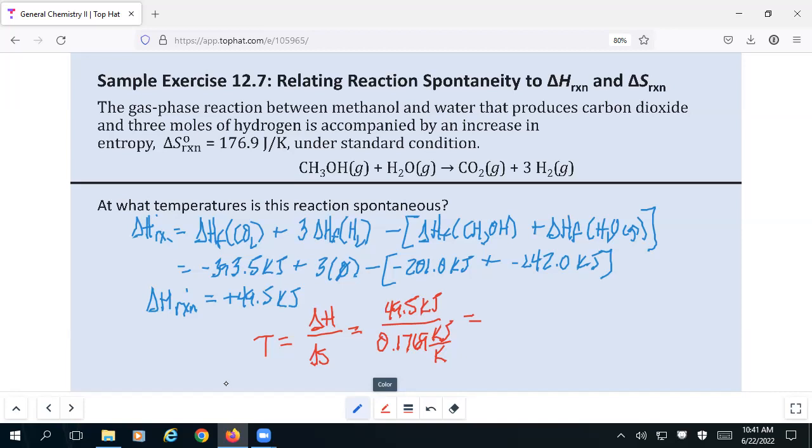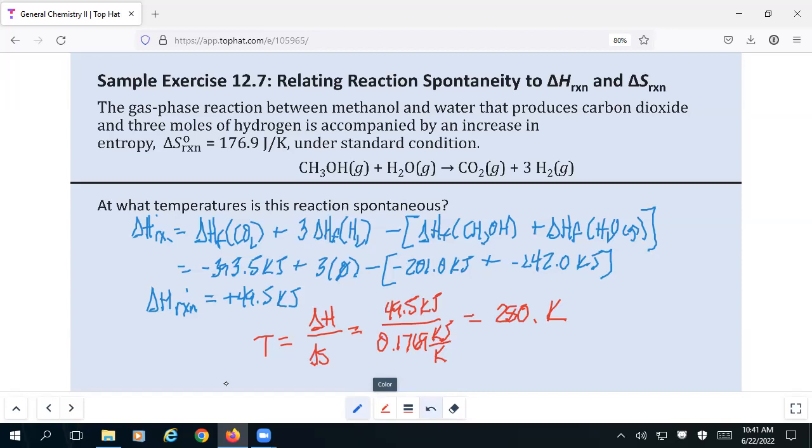To 3 significant figures, this would be 280 Kelvin. So the flipping temperature is 280 Kelvin.